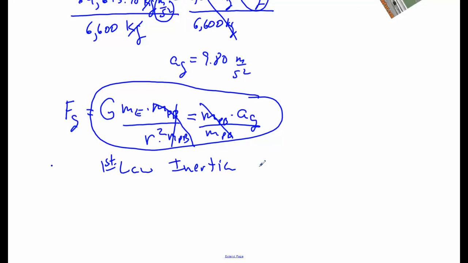And what's inertia? The resistance to acceleration. And what are we talking about? The acceleration due to a net force. So if you've got a greater inertia, you need more force to accelerate that object to the same acceleration rate as something of much less mass.